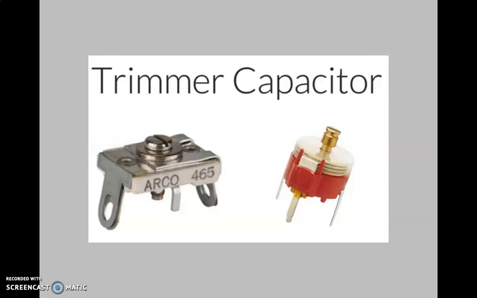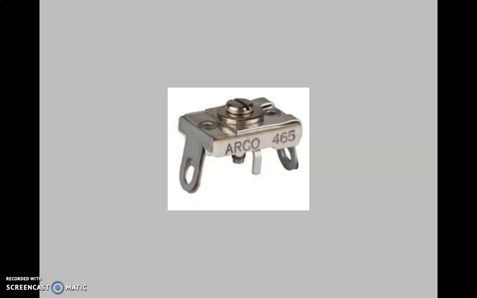You can see it in different types of PCBs. The value of these capacitors is set using screwdrivers. You can see these screws, and the screw is rotated to vary the capacitance. Usually it is not done at the end user level. These capacitors are varied at the time of manufacturing the product or the PCB only.